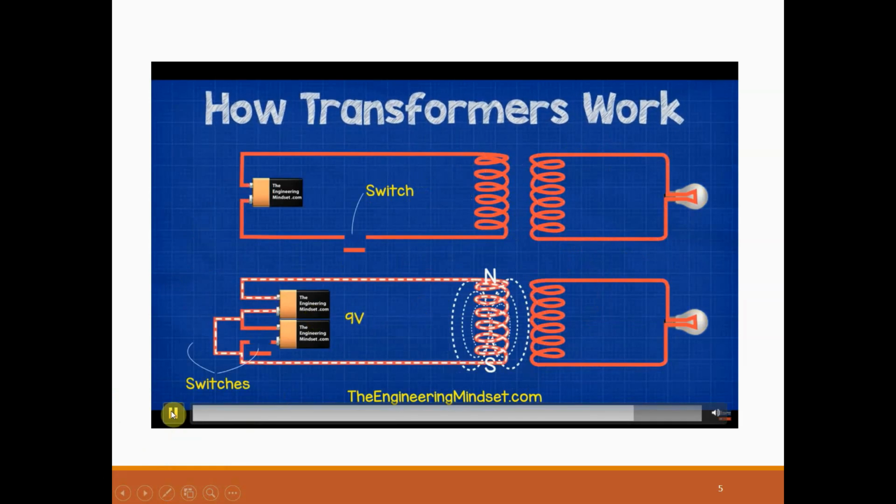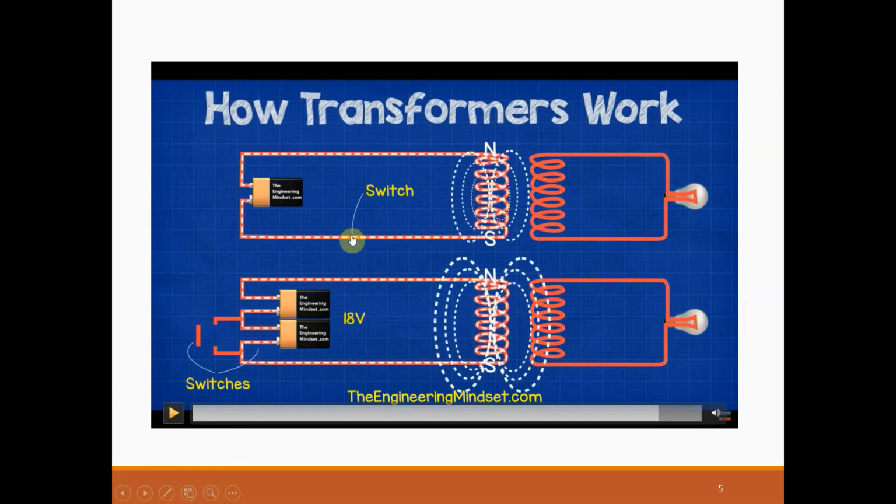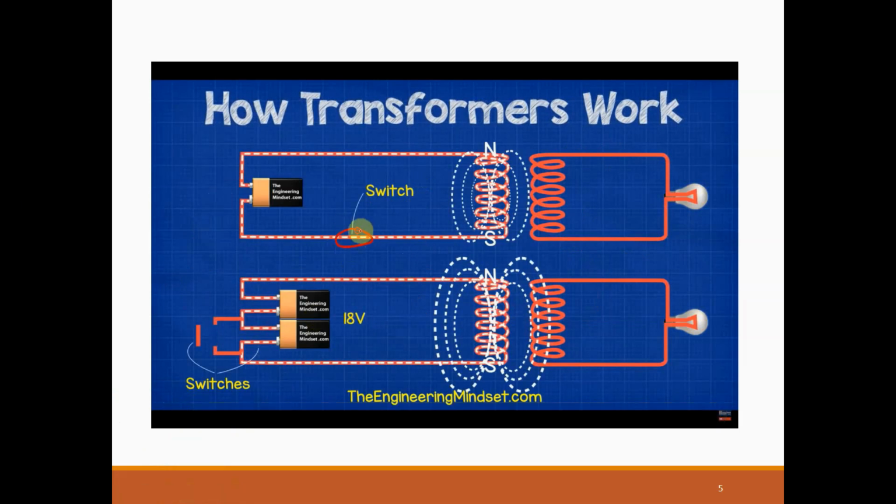Here, as you can see, there will be varying flux if we put a switch here, switch on, switch off, right? This is a switch. So the flux will be available, not available, available and not available. So it's varying.